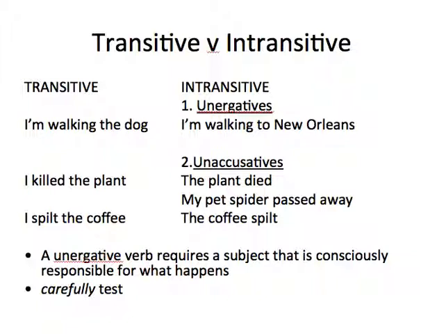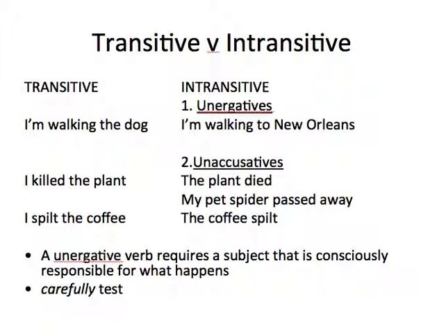The second one, unaccusatives. Notice I killed the plant, the plant died. My pet spider passed away, and I spilt the coffee, the coffee spilt. So an unergative verb requires a subject that is consciously responsible for what happens.